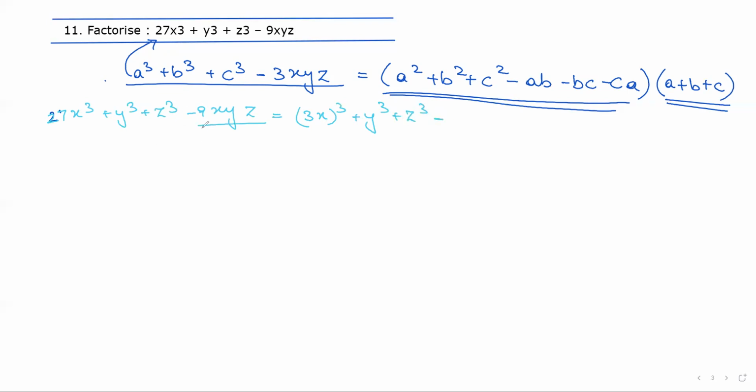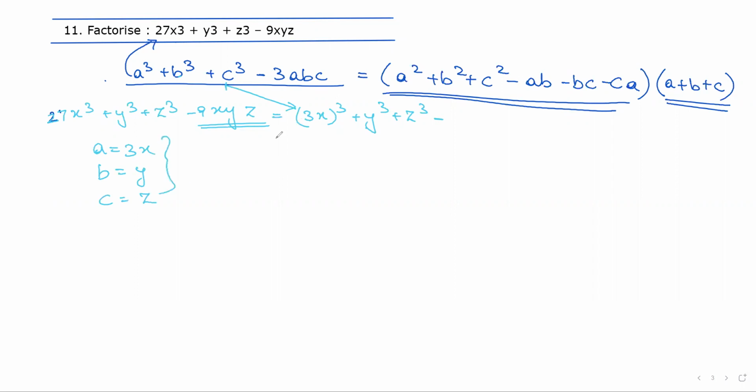Now you have to represent this in terms of 3abc. If you correlate these two, your a is equal to 3x, your b is equal to y, and your c is equal to z.